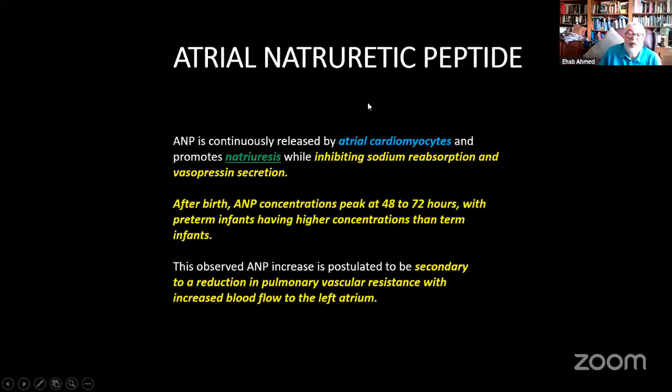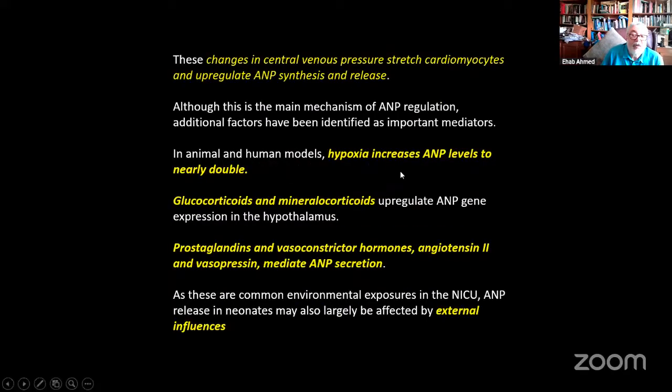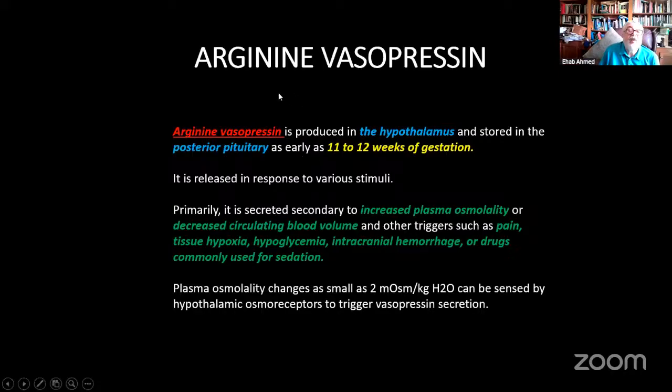Atrial natriuretic peptide is secreted if there is high pressure in the right atrium, like in PPHN, and it causes natriuresis, loss of sodium by the kidney. And then comes the arginine vasopressin, which is the antidiuretic hormone, which is extremely important to conserve water.